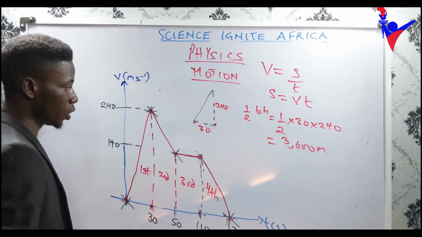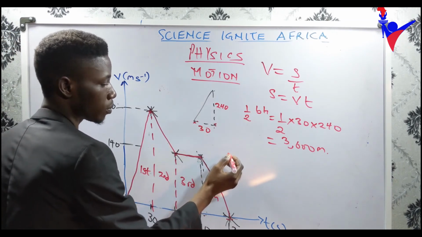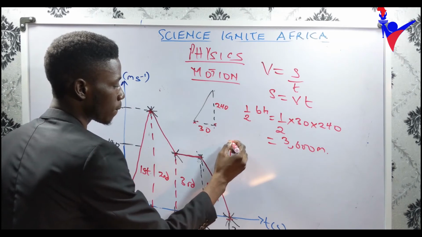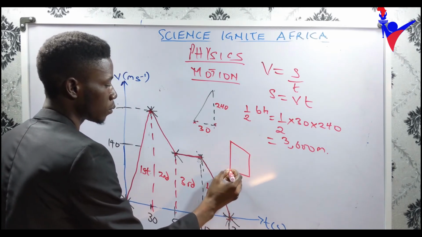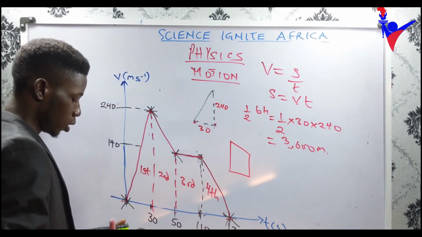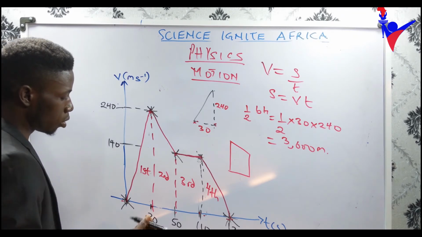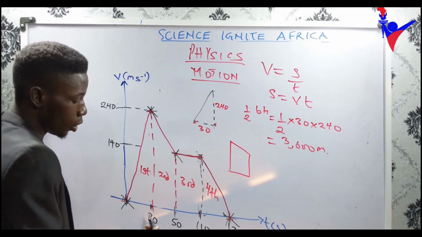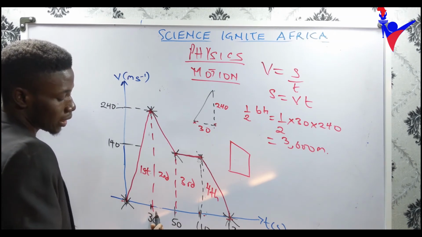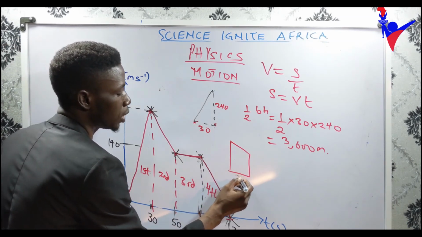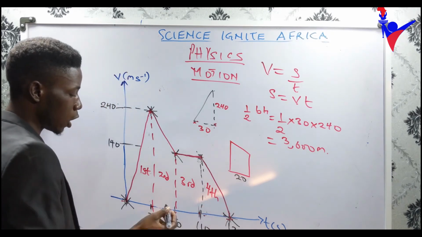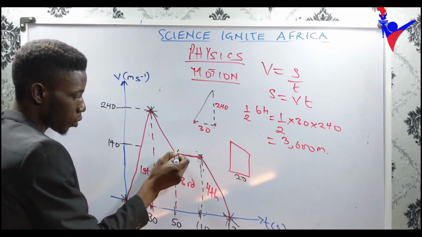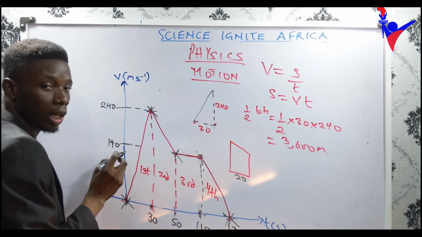Now let's take the next stage into consideration. We have this stage. If we look at it very well, from here to here, that's between 30 and 50. What's the change in time there? That's 20 seconds. So you can say this place is 20. Now from here to here, if you trace that to this place, that's 140.